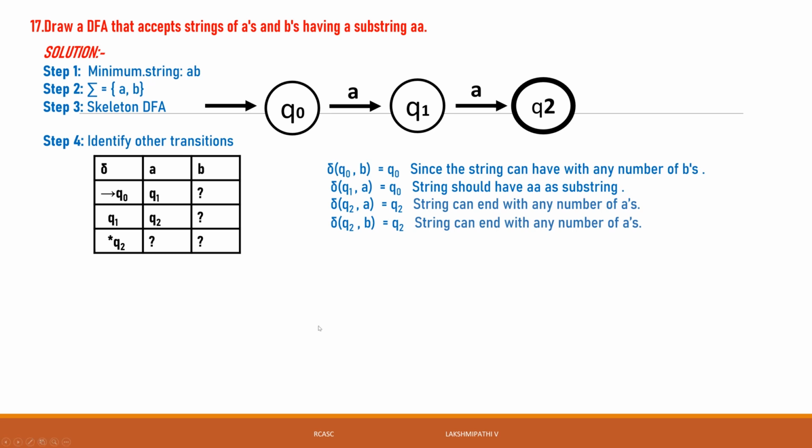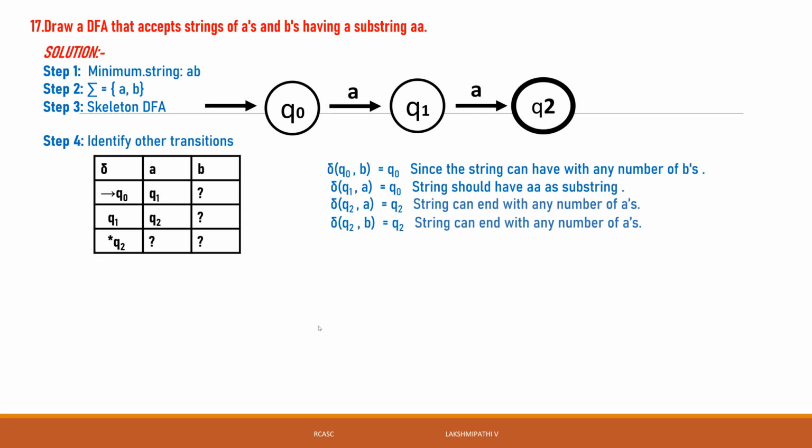The substring AA is in between, not at the start or end. Only those types of strings will be accepted by the machine, and nothing else.